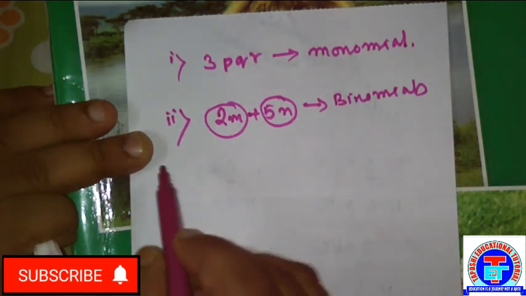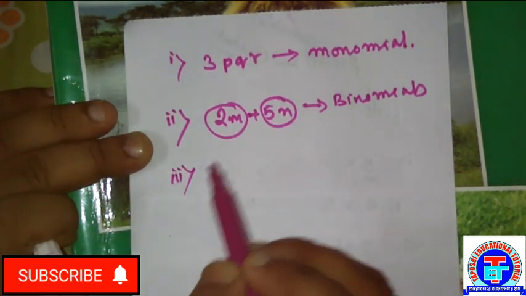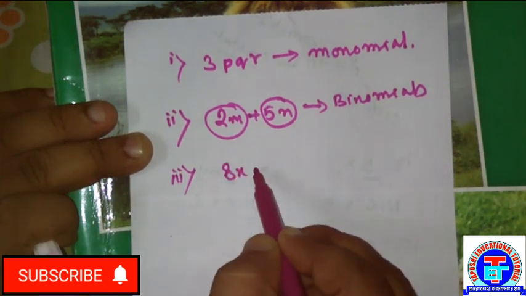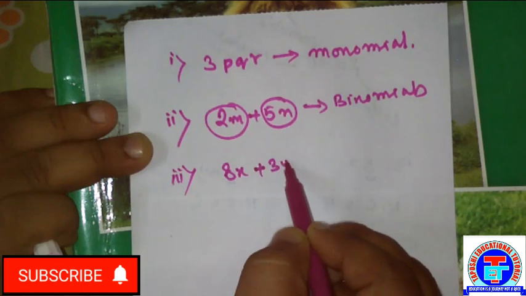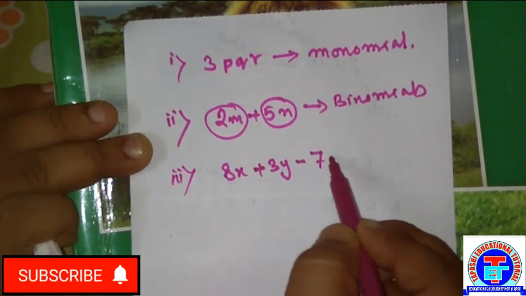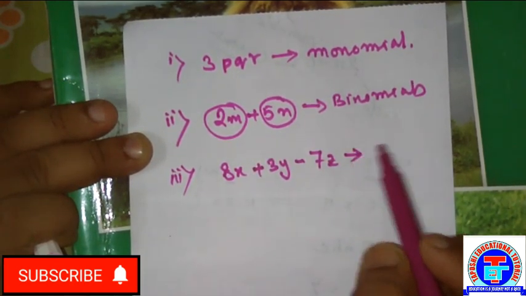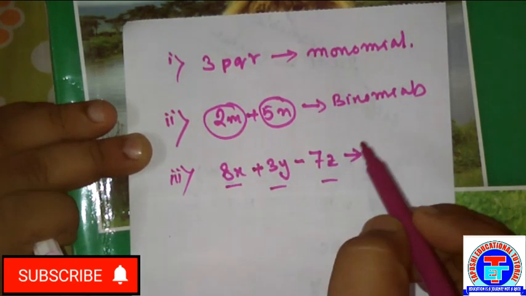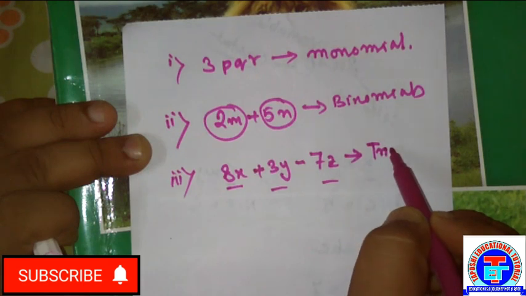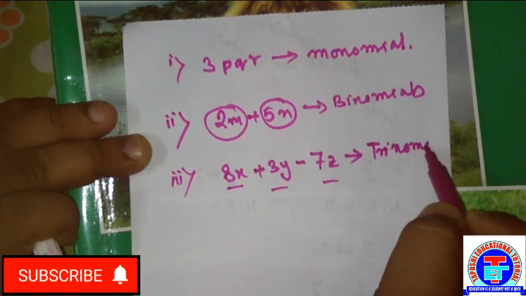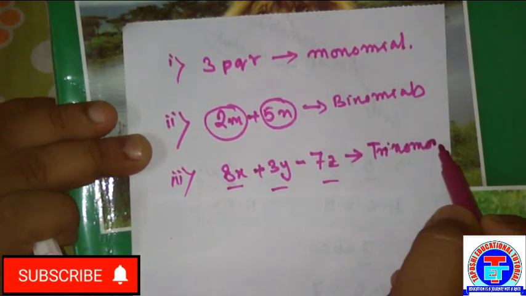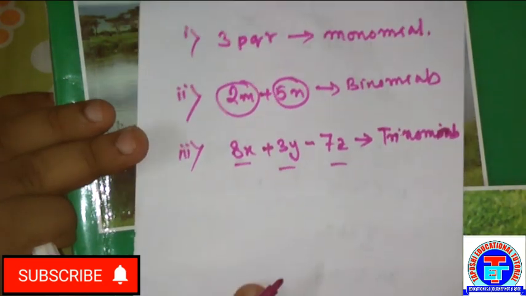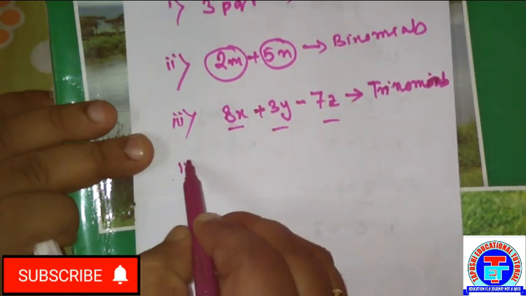Another is given here, number 3, 8x plus 3y minus 7z. So how many terms are there? Tell me. So 1, 2, 3 terms are there. So we say it is a trinomial, right?